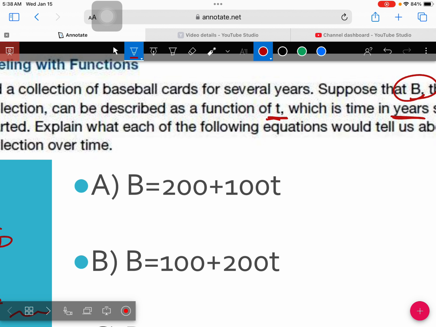Okay, so again, as I look at this, this is like y is equal to the mx over here plus the y-intercept of b. So this 200 represents the 200 cards that this person had.